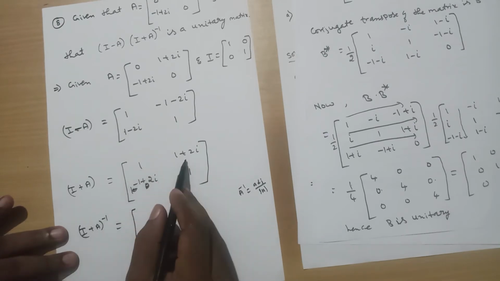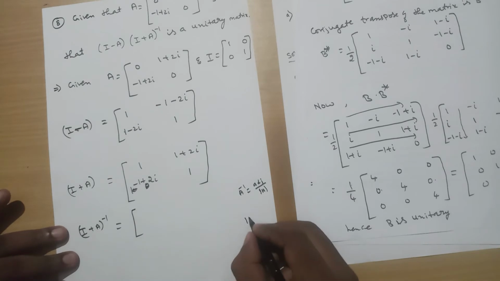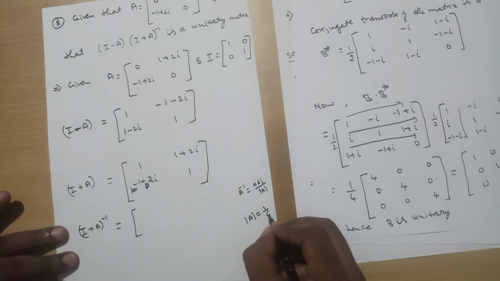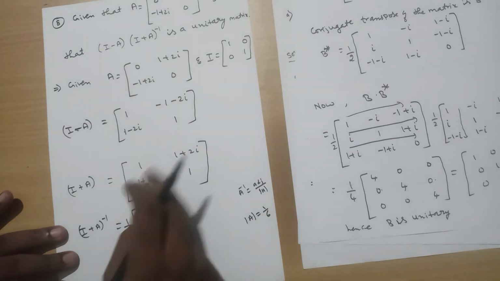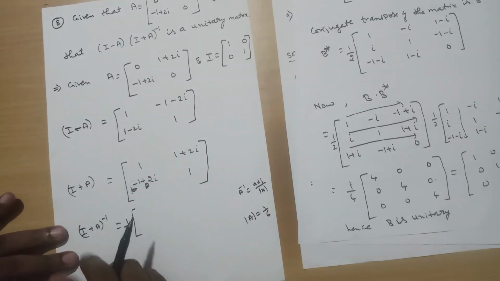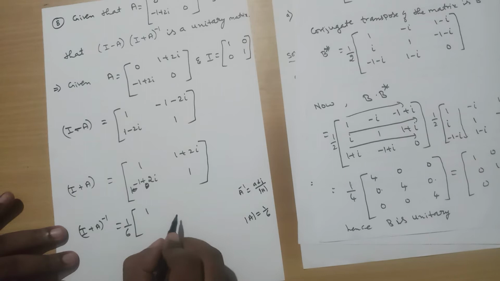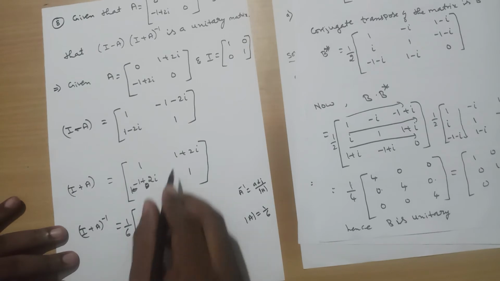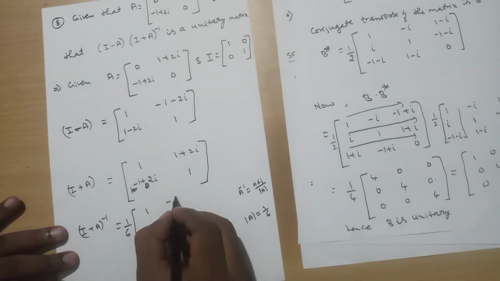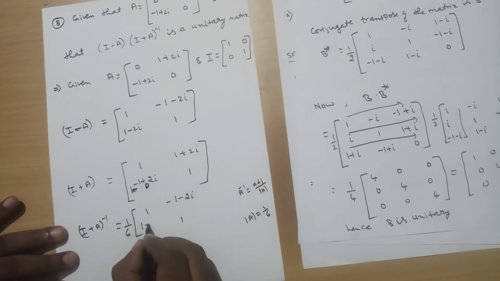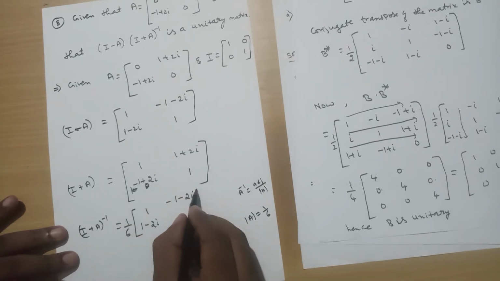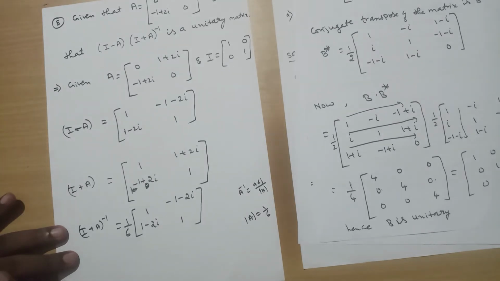Determinant A, it is 1 by 6 ಬರುತ್ತೆ. So determinant of A is 1 by 6. So what do you get? 1 by 6 times of, just minus ಅನ್ನು interchange ಮಾಡ್ತೀವಿ. 1 here 1 you will get same thing. So ಇಲ್ಲಿ minus multiply ಮಾಡ್ತೀನಿ, minus 1 minus 2i ಆಗುತ್ತೆ, ಇಲ್ಲಿ 1 minus 2i ಆಗುತ್ತೆ. So this is your matrix.